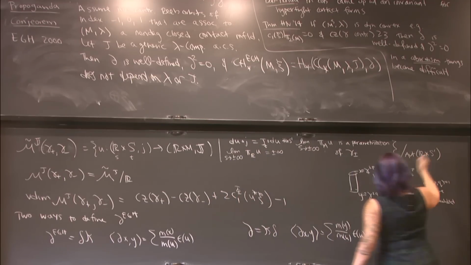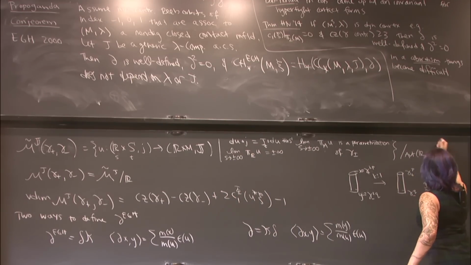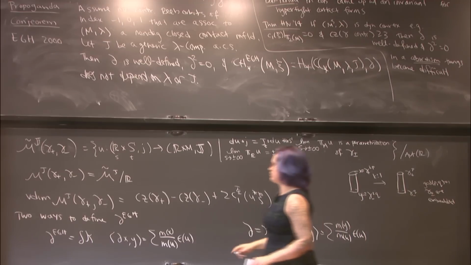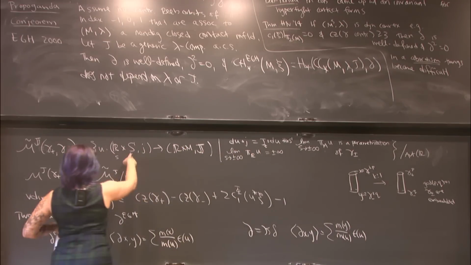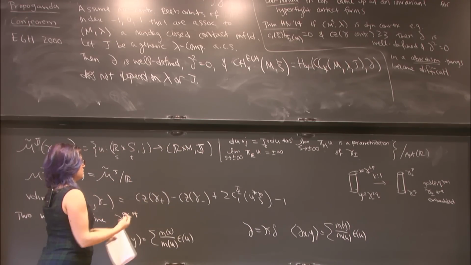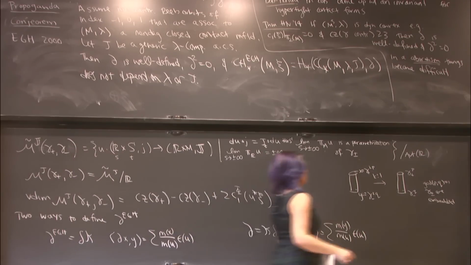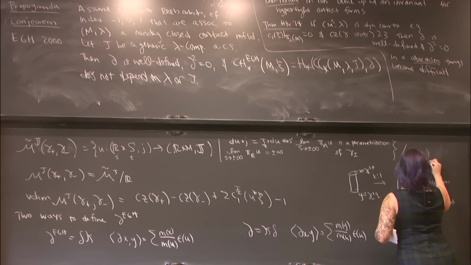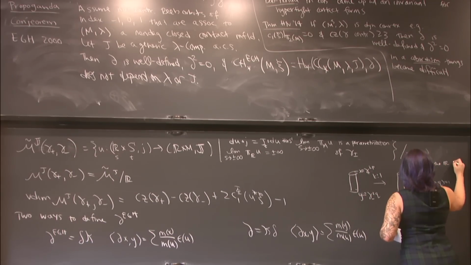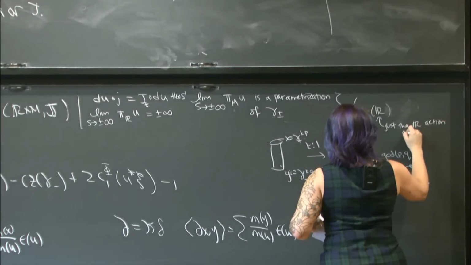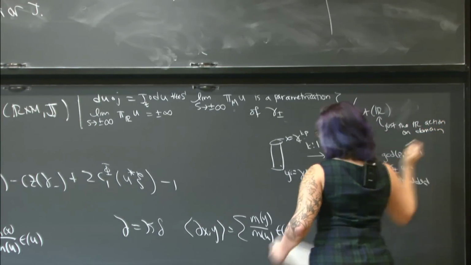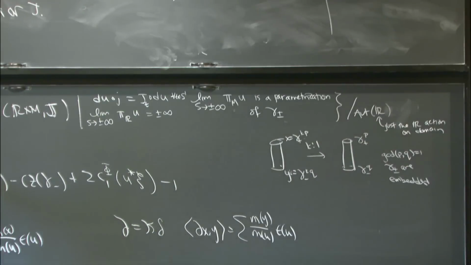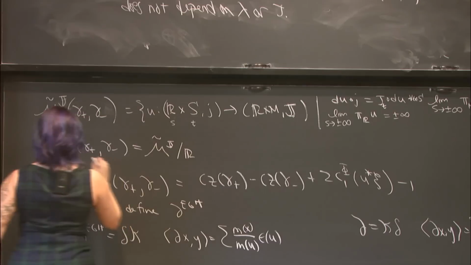And I'm not allowed to mod out by this S1 action of the domain because I've used this domain-dependent almost complex structure. So this is just the R action on the domain. And then I need to mod out by the R action on the target, which is fine.